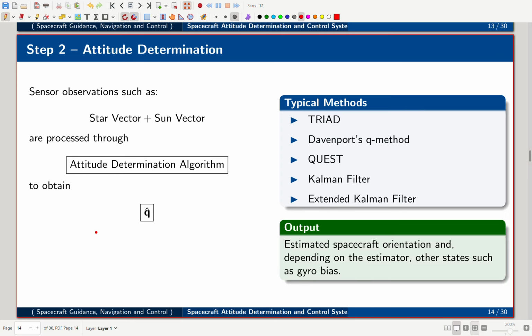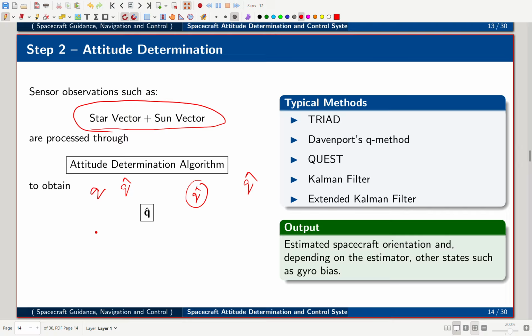So in attitude determination, the sensors observe objects such as the star vector and sun vector, right? These proceed through the attitude determination algorithm to obtain the Q estimate. We are estimating one state, right? The actual thing is Q, but we are estimating it.